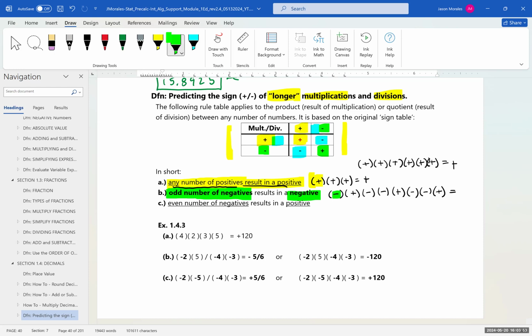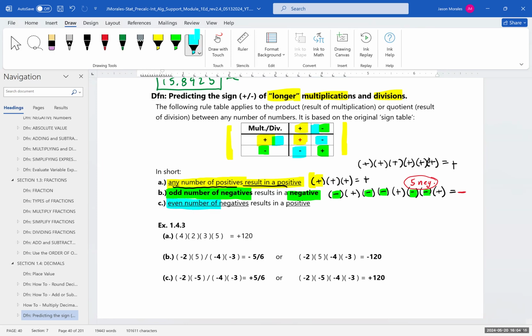So we've got 1, 2, 3, 4, 5. So we have 5 negatives. And because we've got an odd number of negatives, our result will be negative. And that's what that part B rule relates to.